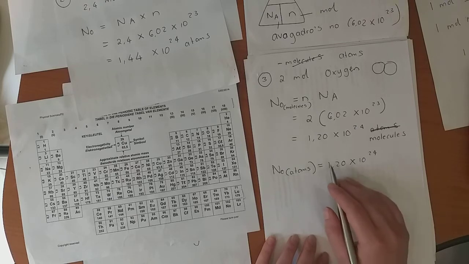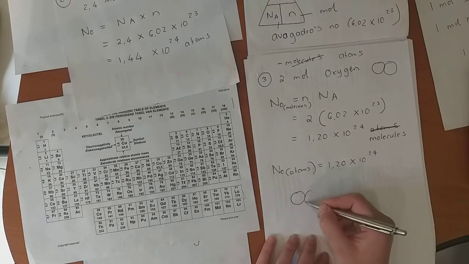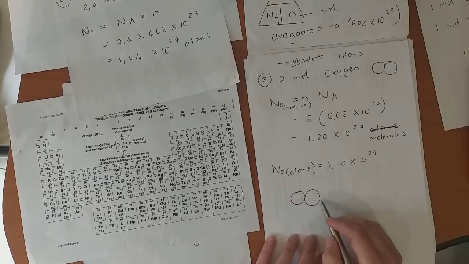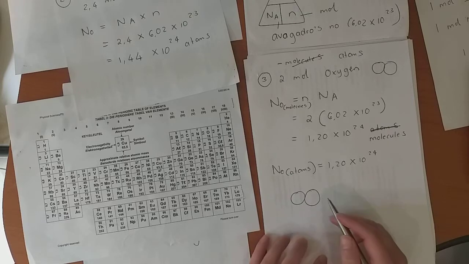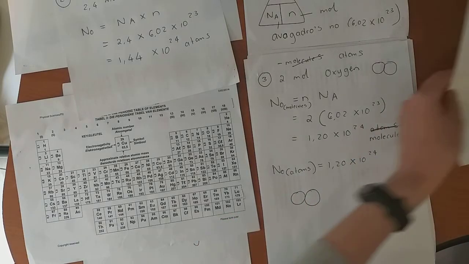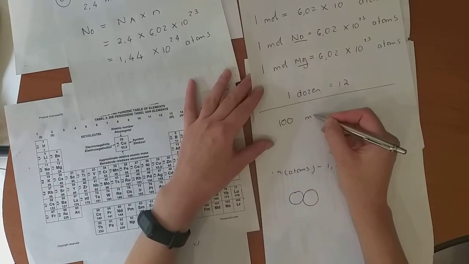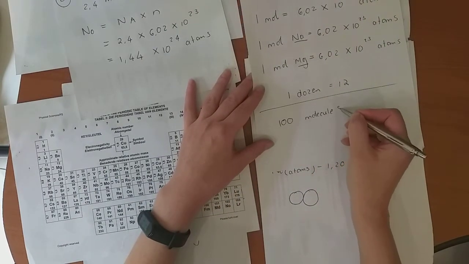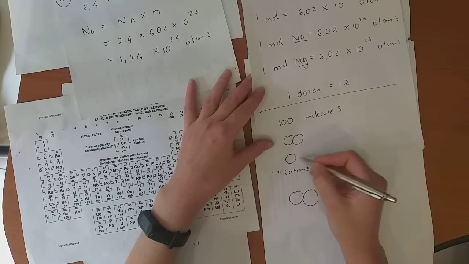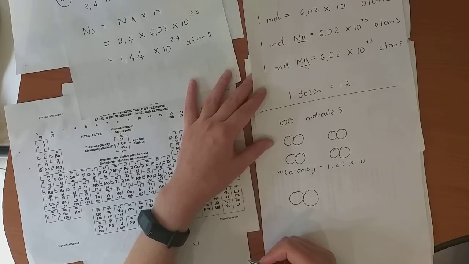Now, if I have that many molecules, okay, bonded together, what would I have to multiply that by to get the number of individual atoms? Well, every molecule is made up of 2 atoms. So if I told you you had 100 molecules, okay, so I had 100 of these things, these 2s, how would I work out the number of atoms?